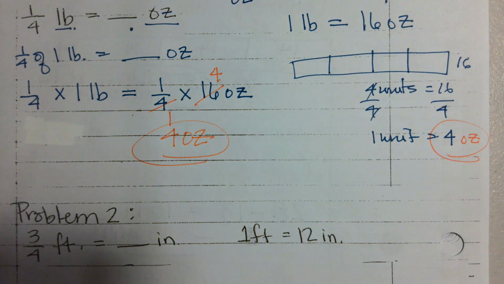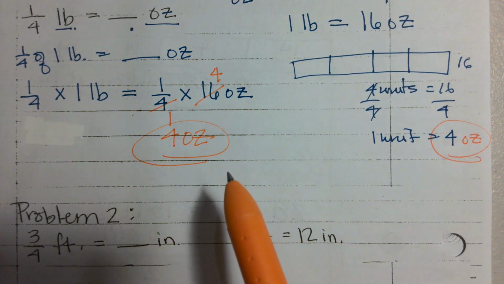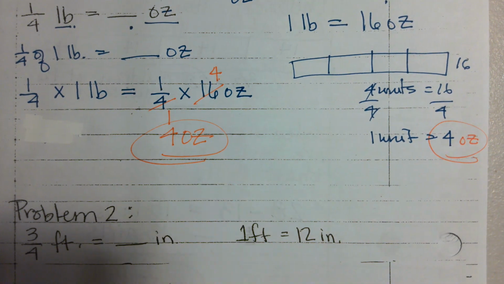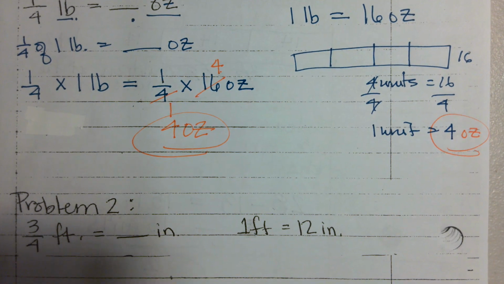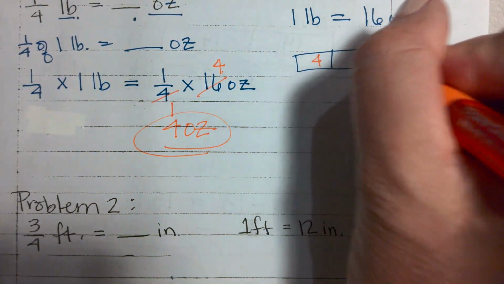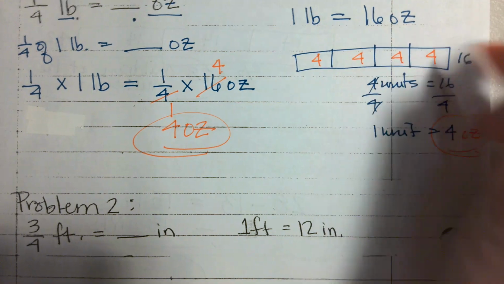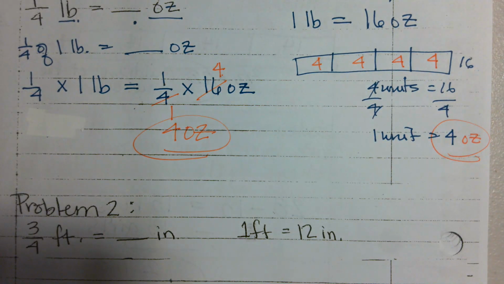So now, each 1/4 of a pound in our tape diagram here is equal to 4, right? Each unit is equal to 4 ounces.